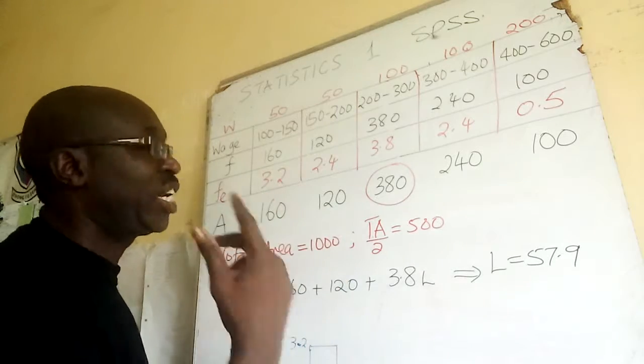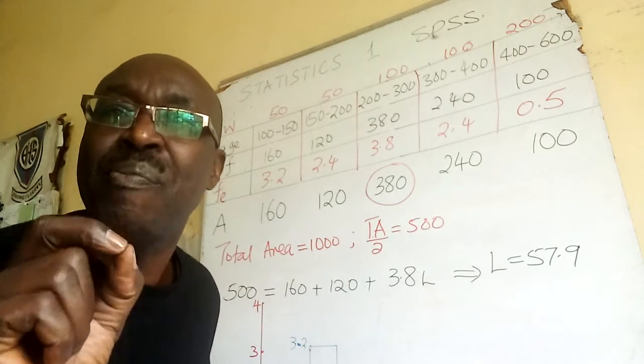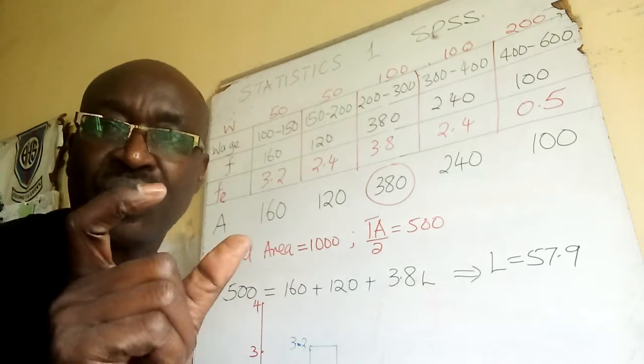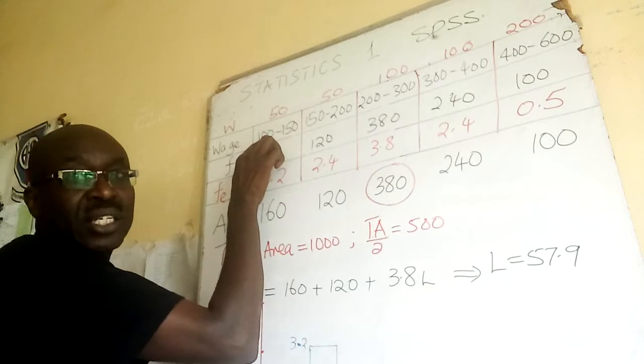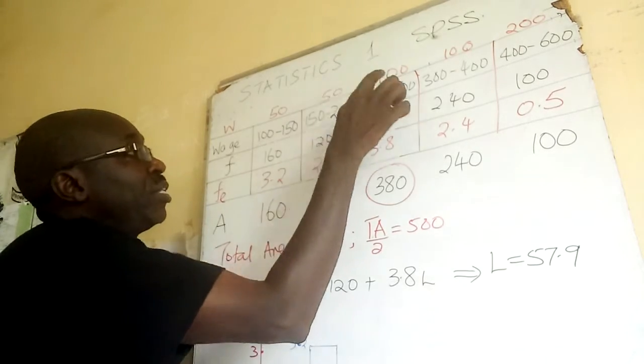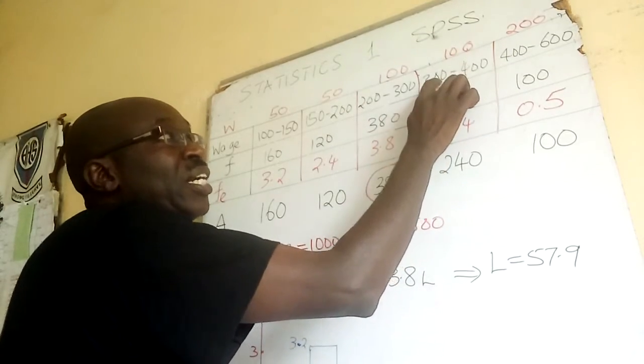Next, the width is a simple subtraction of those two figures in each class. 150 minus 100, 50. 200 minus 150, 50. 300 minus 200, 100. 400 minus 300, 100.